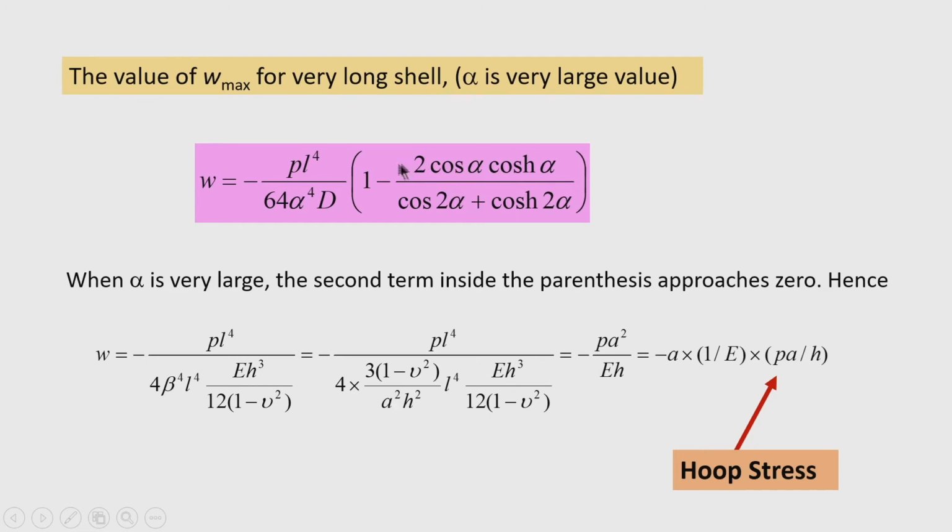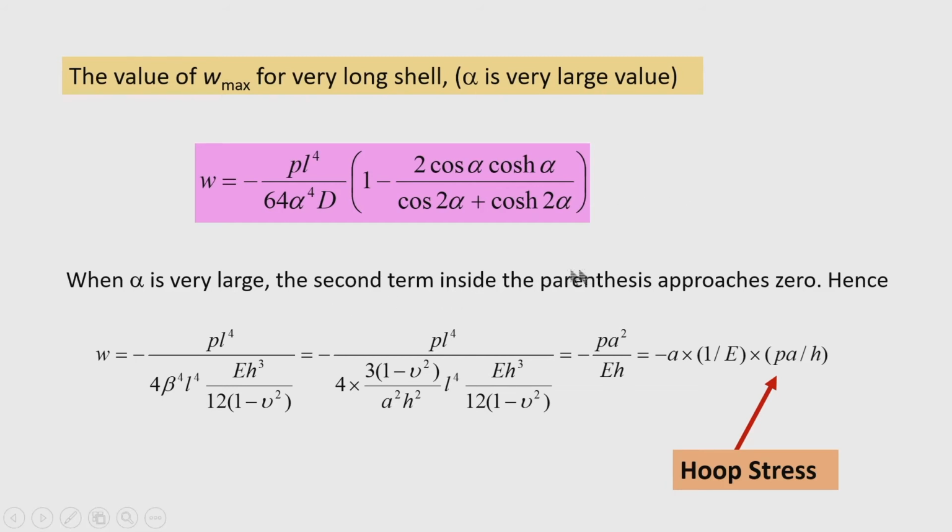Hence the maximum deflection for a very long shell is obtained as P L to the power 4 divided by 64 alpha to the power 4 into D, because this term can be ignored, for the reason that cosh 2 alpha will be very large because of the large length L, alpha being equal to beta L by 2.